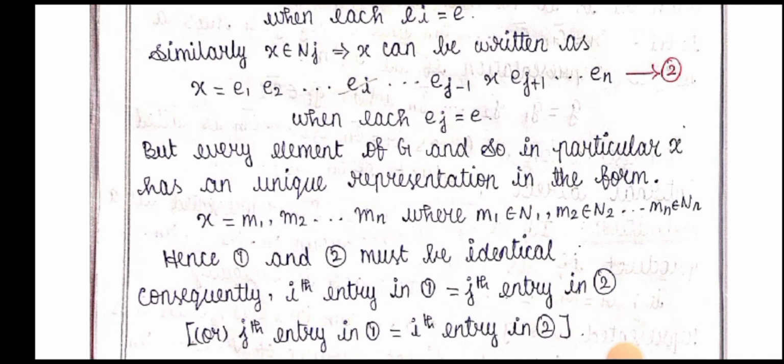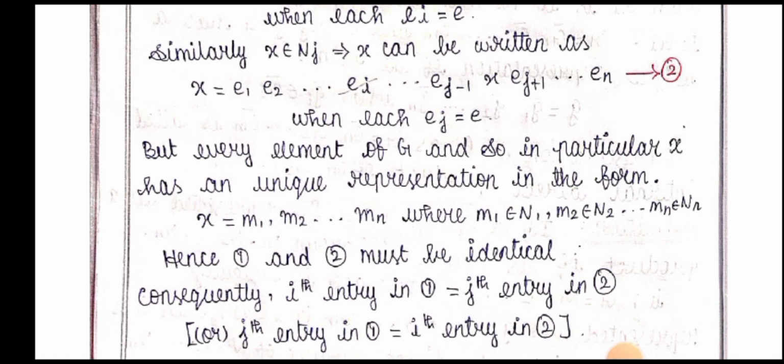Therefore, if x can be written as x is equal to m1, m2 and so on mn, where m1 belongs to N1, m2 belongs to N2 and so on mn belongs to Nn, hence equation 1 and 2 must be identical.